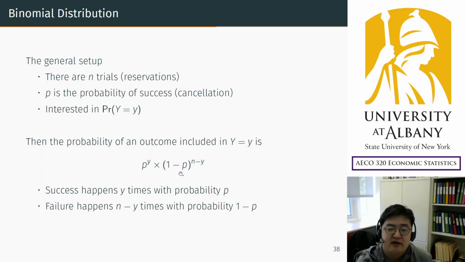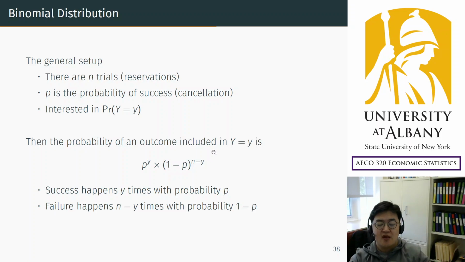That means the failure probability, multiplied by the number of times failure happened. So y is the number of successes. Out of n, y are successes, and of course n minus y must be the number of failures, right? So the failure probability is multiplied n minus y times, right?